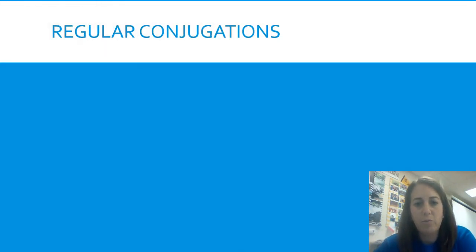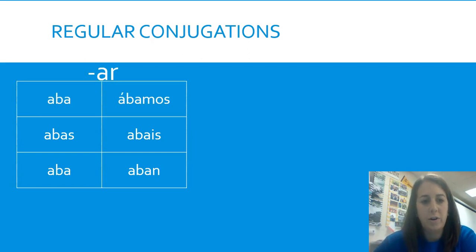So let's talk about our regular conjugations first. All right, so we've got our AR verbs. Notice it's aba, abas, aba, abamos, abais, and aban. If you'll notice, the yo form and the el, ella, and usted conjugations are both the same.